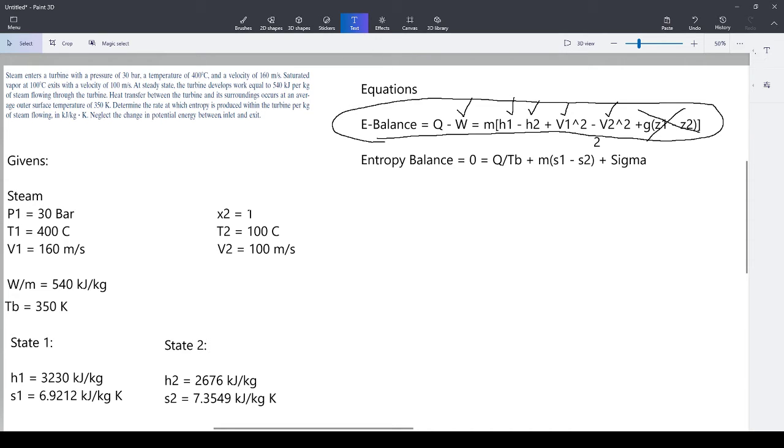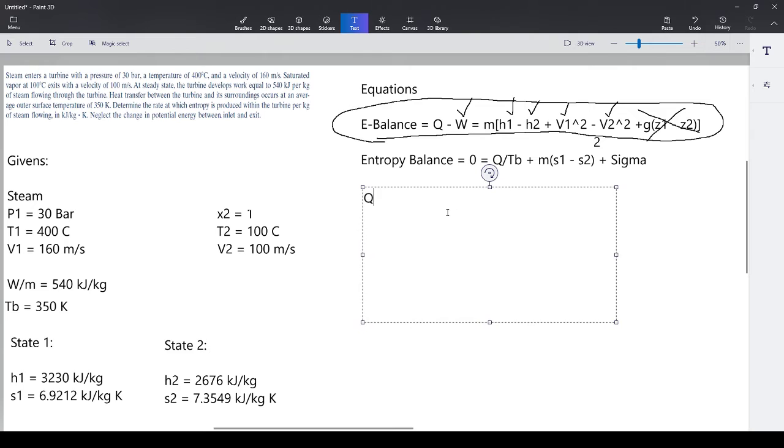So we will do that real fast. Let's start over here and rework the energy balance. We move all this, so work goes over there.